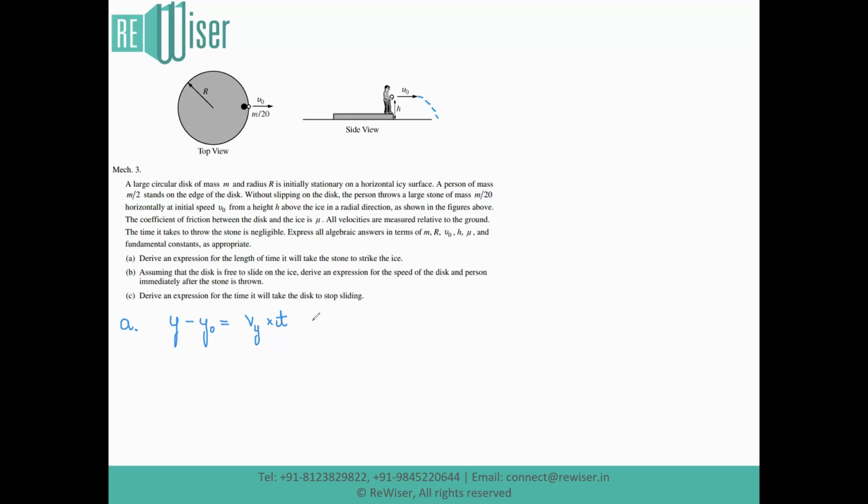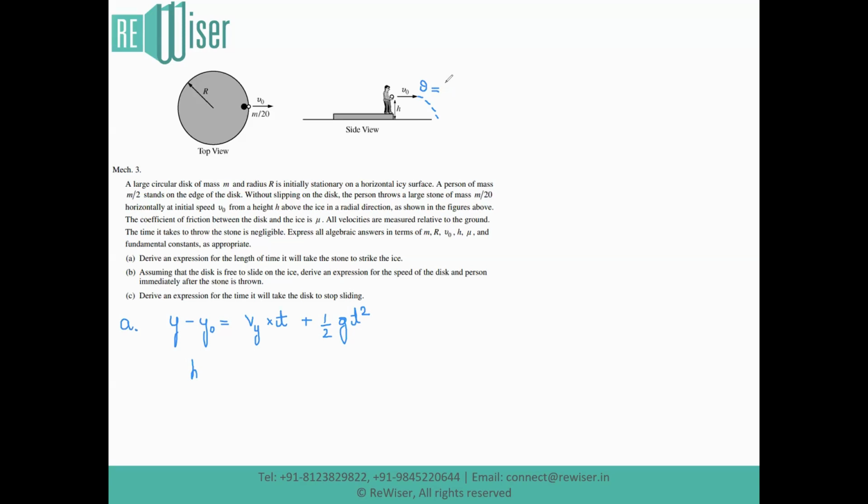Here, since the body is going down, we are going to use plus because it is in the direction of gravity, not against, half g t square. Here y minus y naught is the height h. Since it is thrown horizontally, the angle of projection theta is 0.